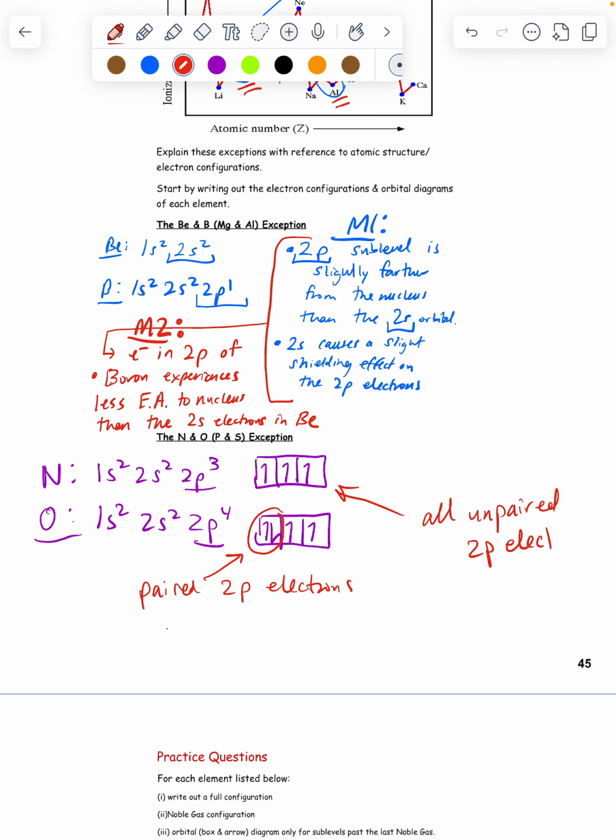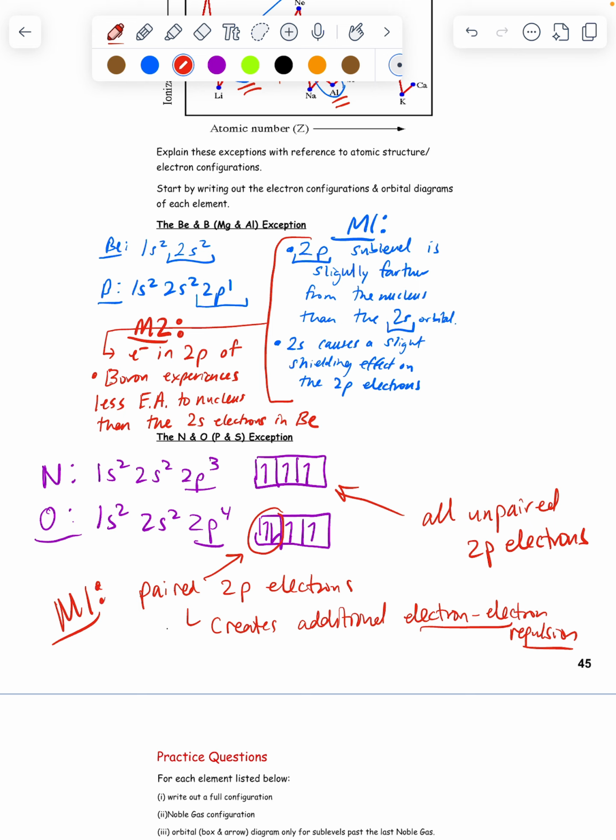Well, as we saw with the radii of anions, of negative ions, those additional electrons that are right next to each other create repulsion. And so the paired 2p electrons create additional electron repulsion, which is probably going to be key to you getting the mark, saying electron repulsion.